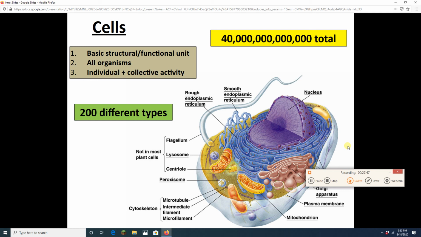Cells can do things by themselves and also together. They have both individual activity and collective activity. The whole is often more than the sum of the parts. While there's 40 trillion cells in you, there are only about 200 different types, different varieties of cells.